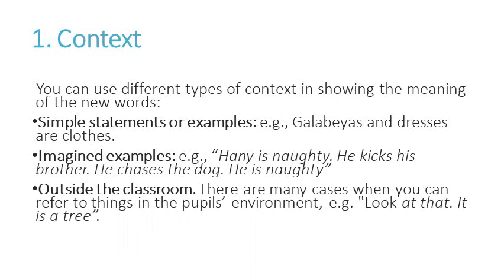Outside the classroom, there are many cases when you can refer to things in the pupil's environment. Look at that, it's a tree. Look at that, it's a mountain. Look at that from the window of your classroom, it's a cow.